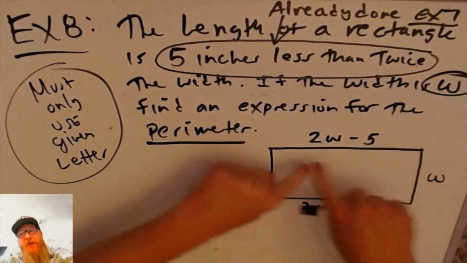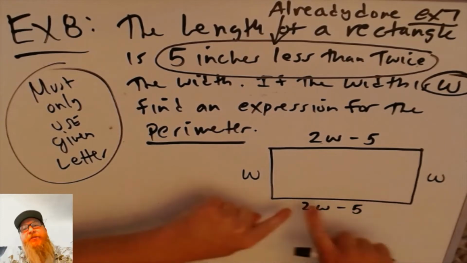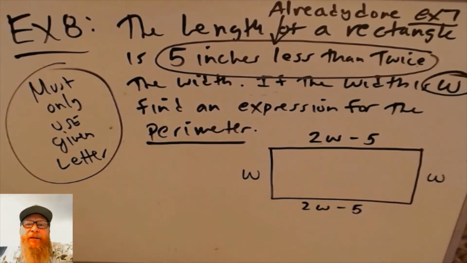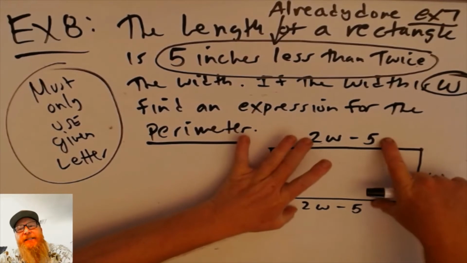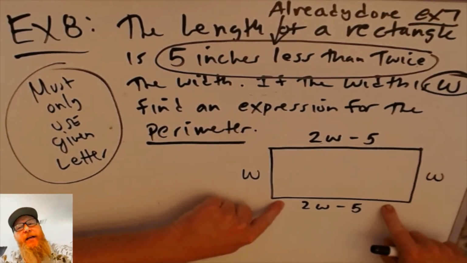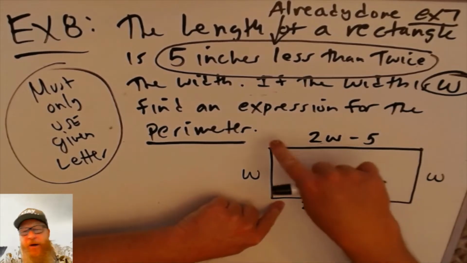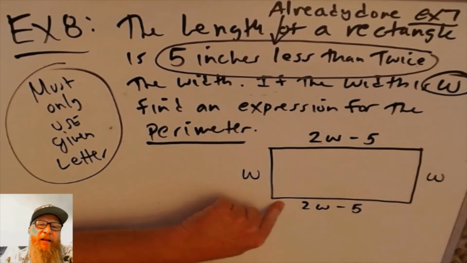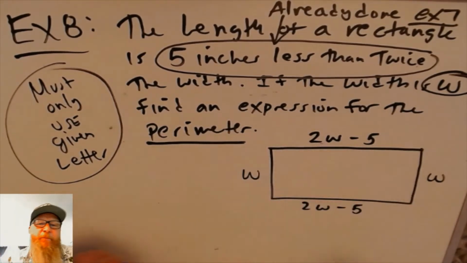So these are the long sides, 2W minus 5, 2W minus 5. It's a rectangle, so it has these sides on both of the longer sides. Those are your lengths. You don't want to put a third letter in here and have it say L. You also don't want to put a P in here.